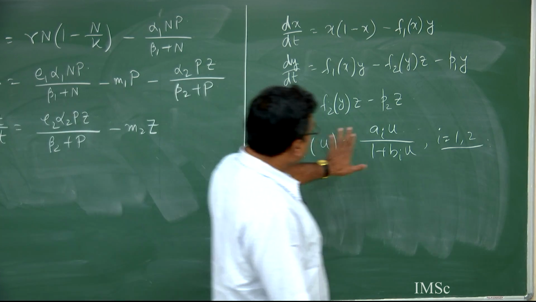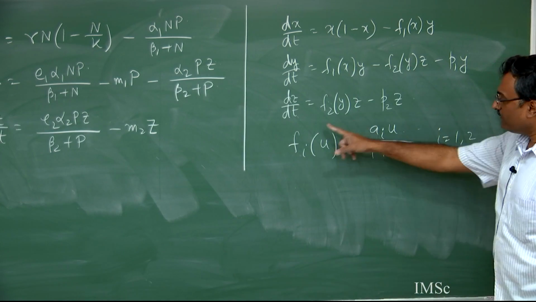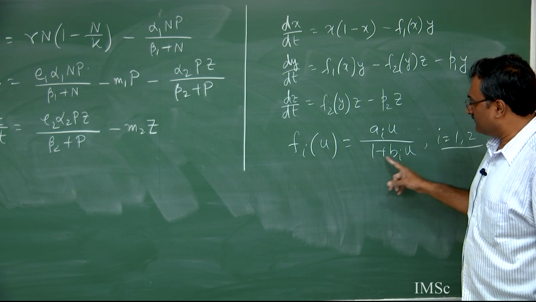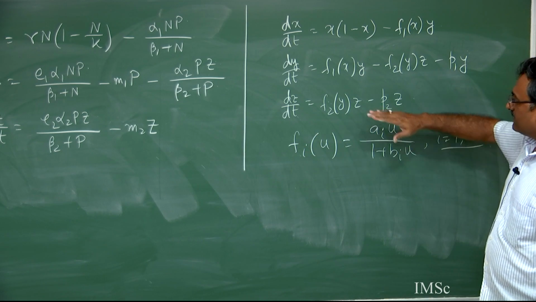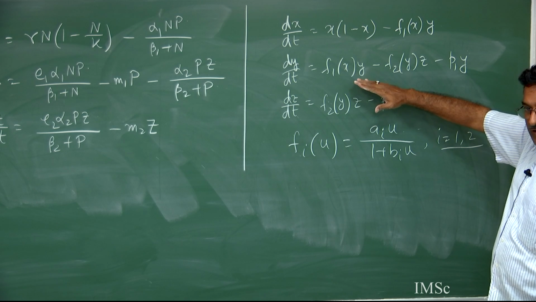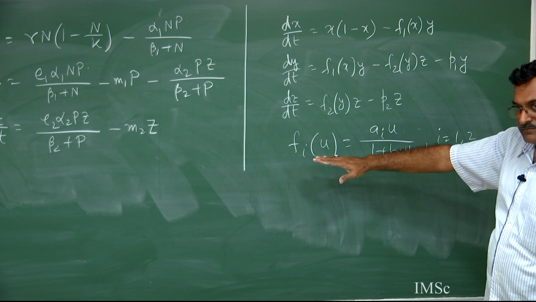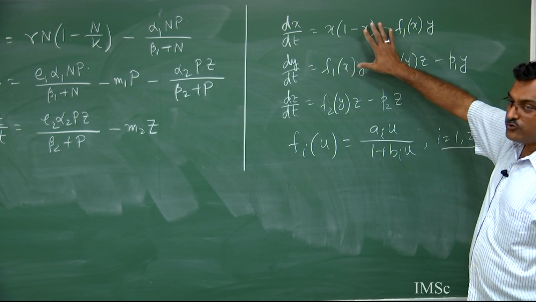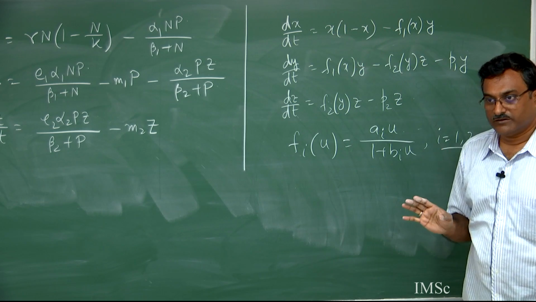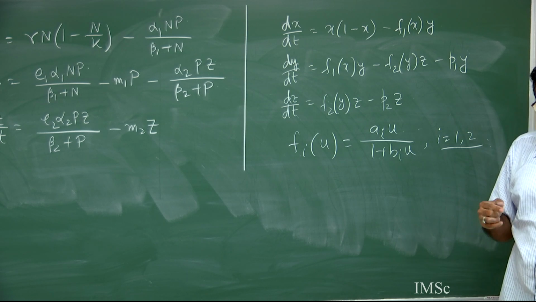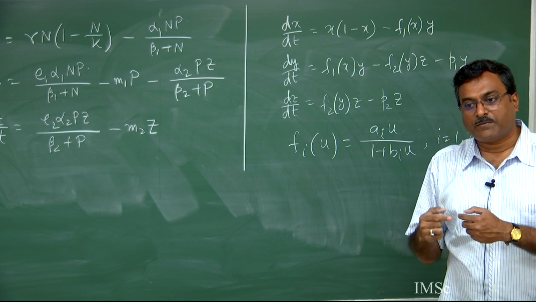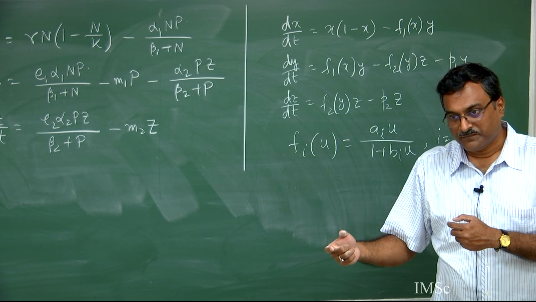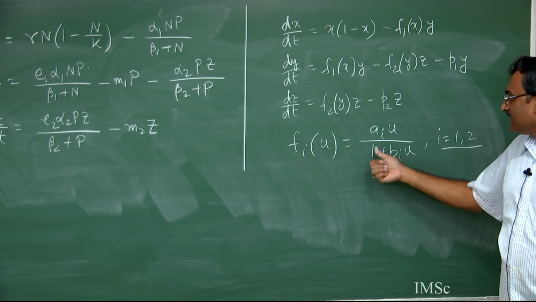Now with this particular notation, I just like to remind you that if you remove the third species from the system, that is if you remove z from the system, then this will go back to the classical Rosenzweig-MacArthur model. And if you recall the parameterization that I have considered in my previous lecture, here the parameterization is a little bit different.